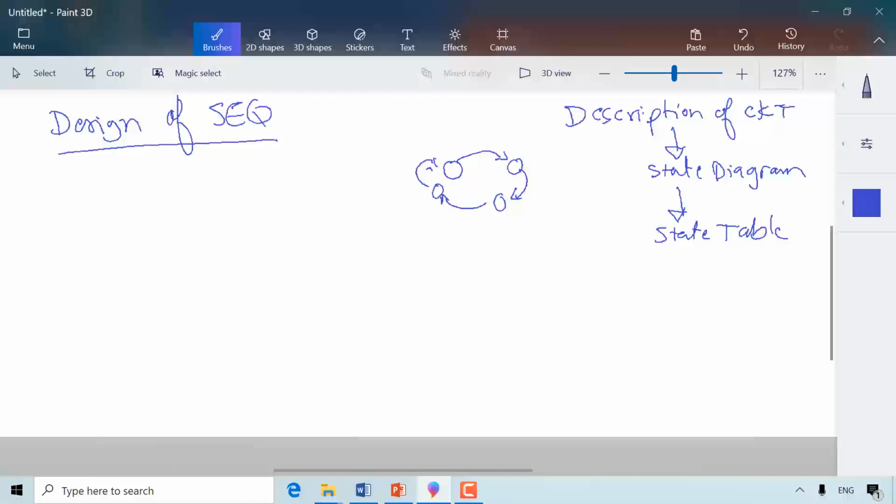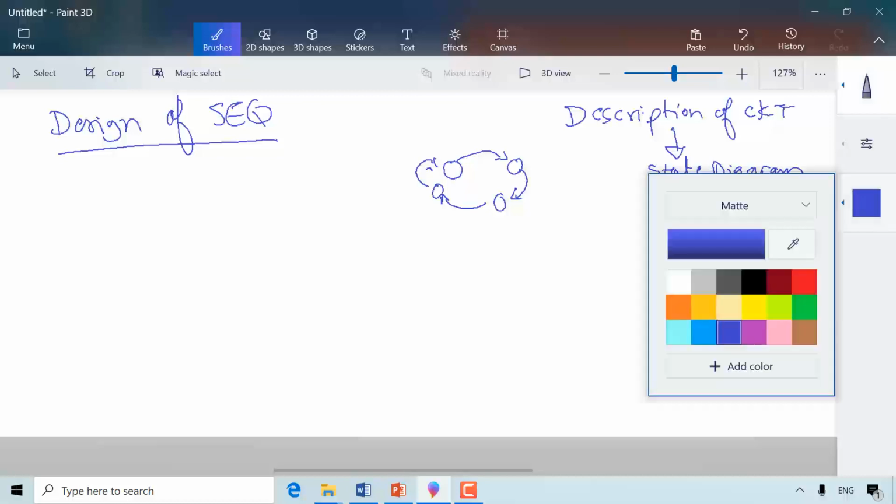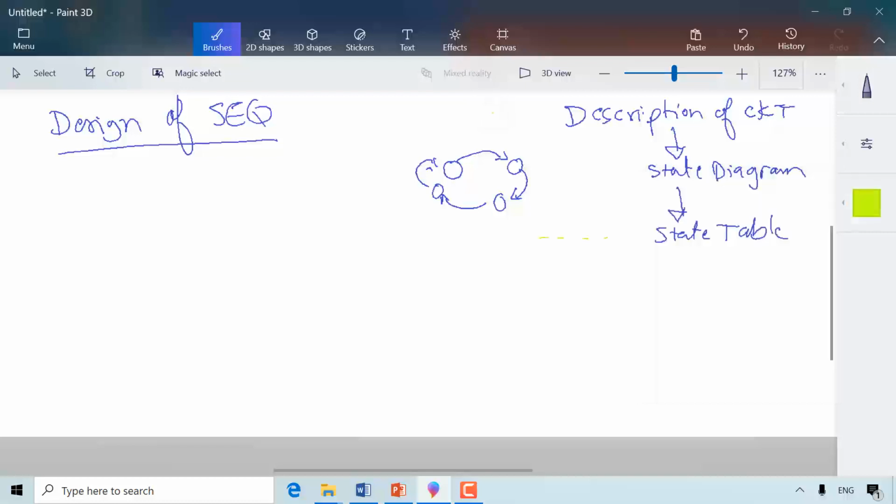Just to refresh your mind, a state table has the present state and input, and the next state and output.